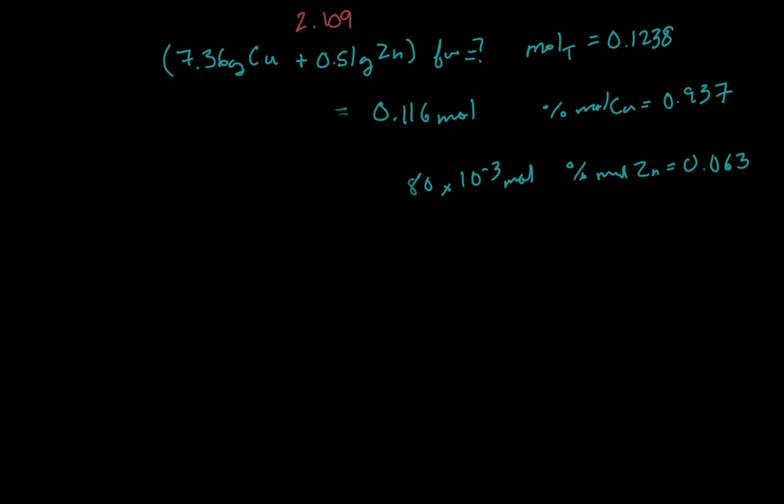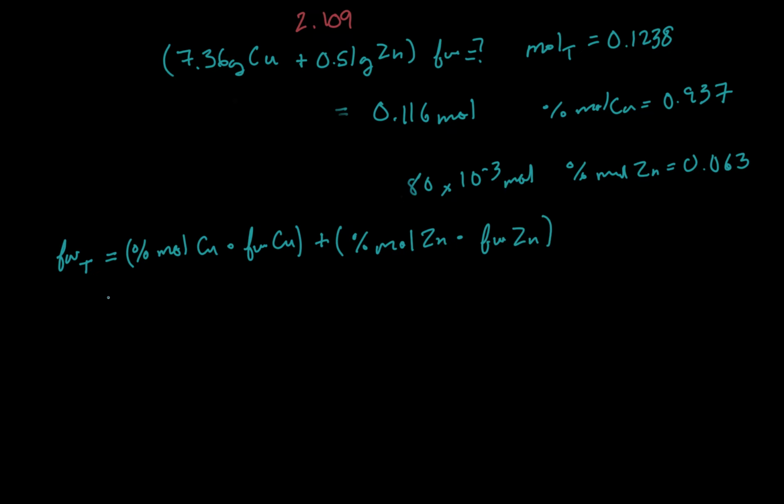Our formula weight of this whole thing is the mole percentage of each multiplied by the formula weight of each. We'll call this the total. So it's percent moles of copper times the formula weight of copper, plus the exact same thing with zinc: percent moles of zinc times the formula weight of zinc.